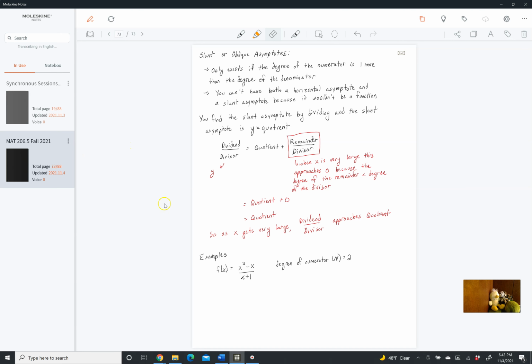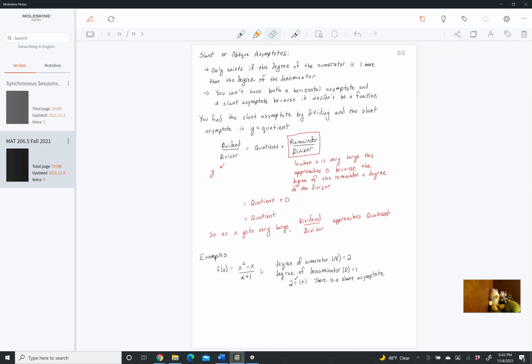The highest power of the numerator is 2. The degree of the denominator is 1, which I'll refer to as d. So 2 is equal to 1 plus 1. There is a slant asymptote. So we have to keep going. If this were not true, then we would stop and we would say there isn't any.